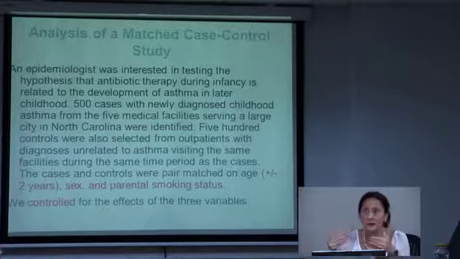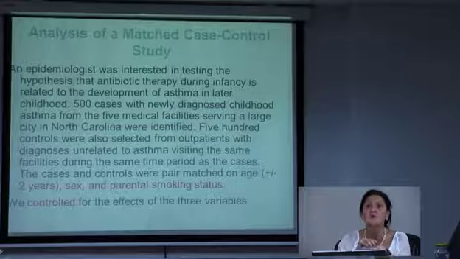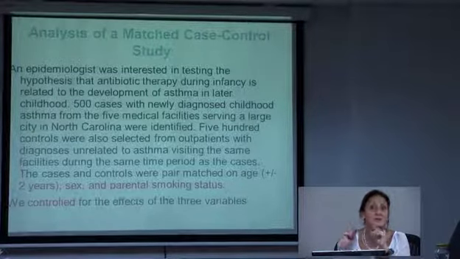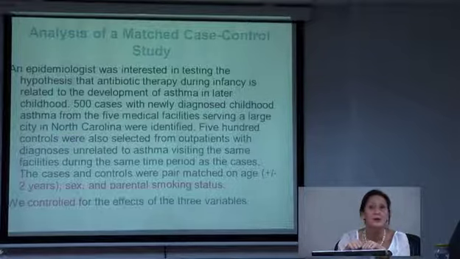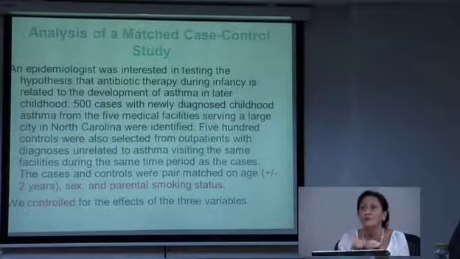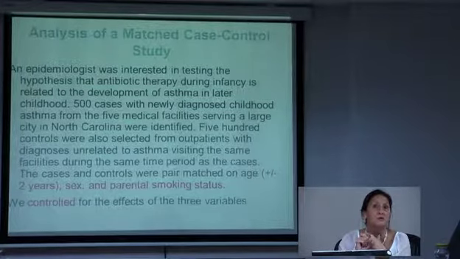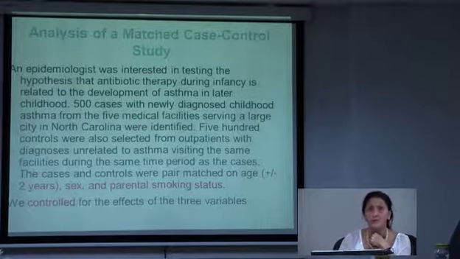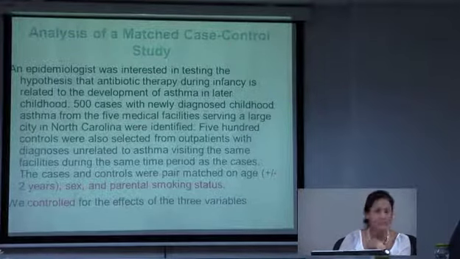So again, they started with the asthma. 500 controls were also selected from outpatients with diagnoses unrelated to asthma, visiting the same facility during the same time period as the cases. The cases and controls were pair matched on age, sex, and parental smoking status. Their exposure is antibiotic therapy in infancy, to see whether this is a risk factor for asthma.